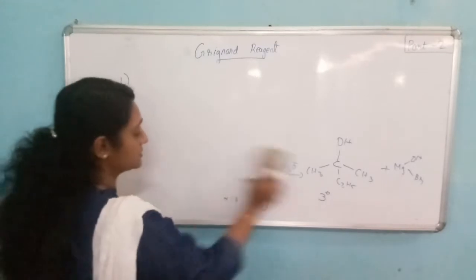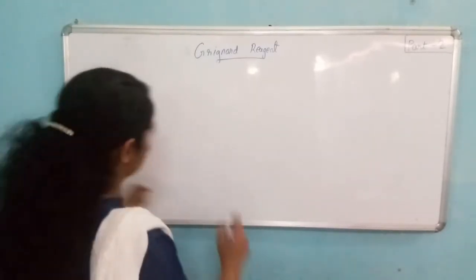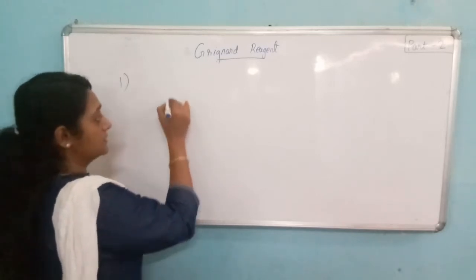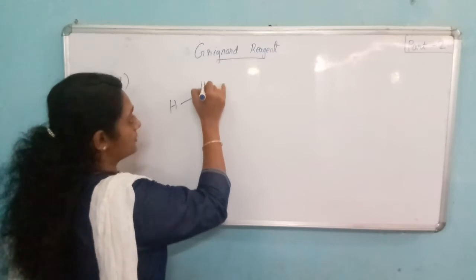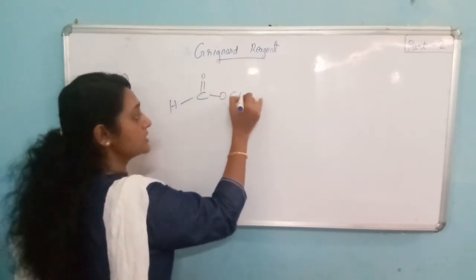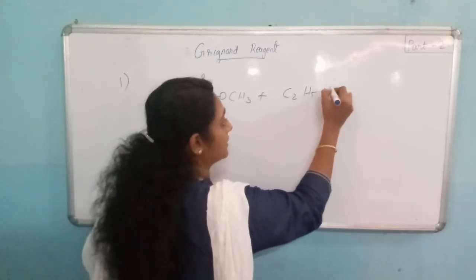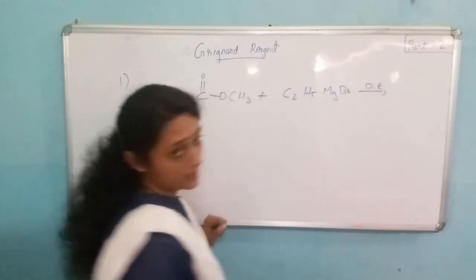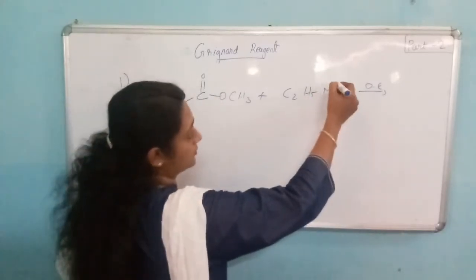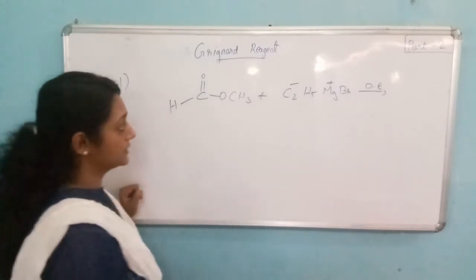Okay. Next, reaction with ester. For example, formate ester. We are taking formate ester, H C double bond O CH3, and reacting with C2H5 MgBr in presence of dry ether. What will be the product? Mg is having a positive sign, C2H5 negative.